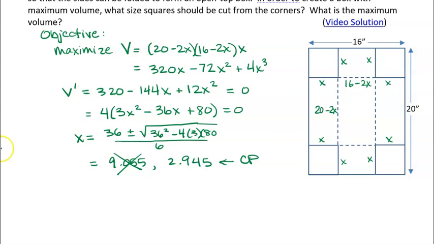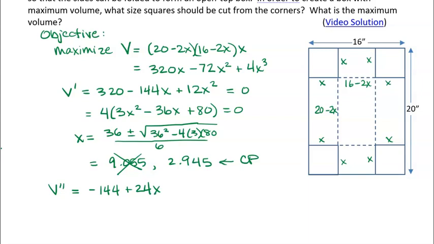And again, I think when you have a polynomial, the second derivative test is easy because it's easy to take the second derivative. So if I find the second derivative, I'm just going to get minus 144, right, going back up to the original polynomial for the derivative, plus 24x.